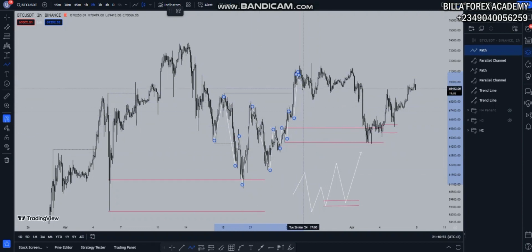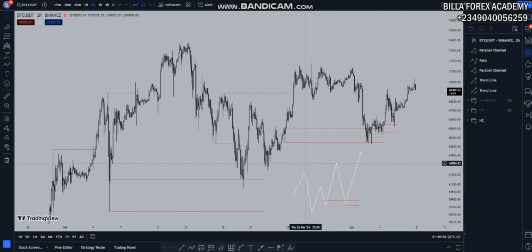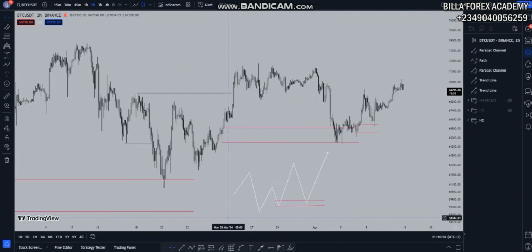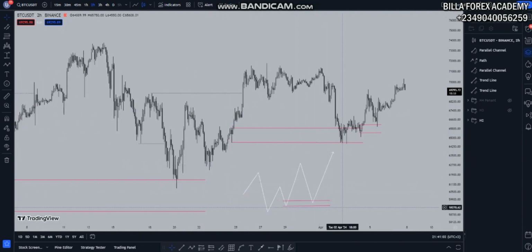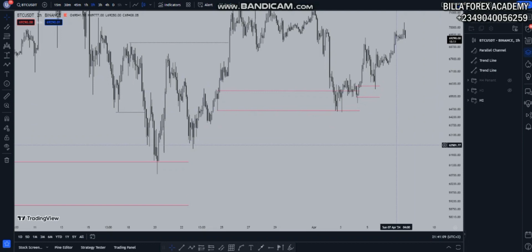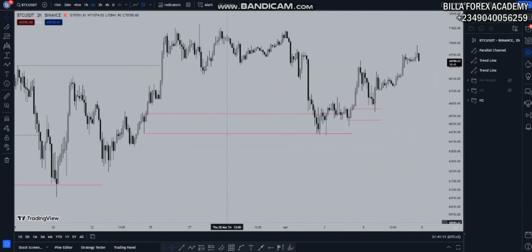Sorry about this. Zooming in, we see that this is our last. I think I'll have to delete this. Zooming in over here, we'll see that all these zones have been mitigated.